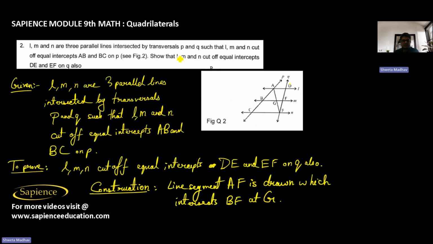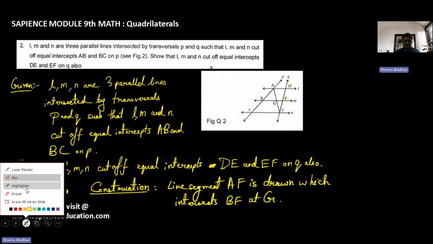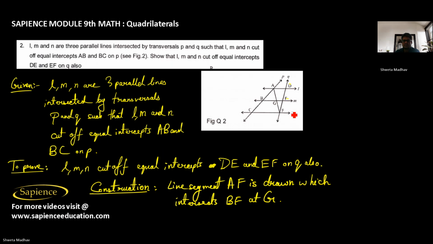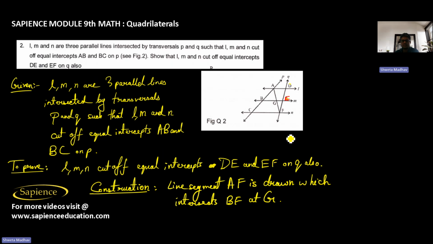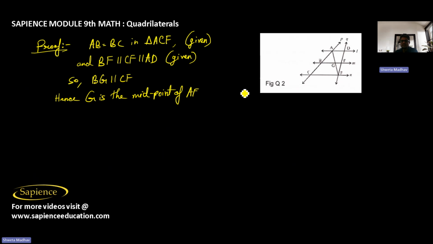This E or F I have to understand. We see D, E, and EF. So this is E, and this is F. So I will say that AF is drawn, which intersects DE at G. So here G is the midpoint of AF.